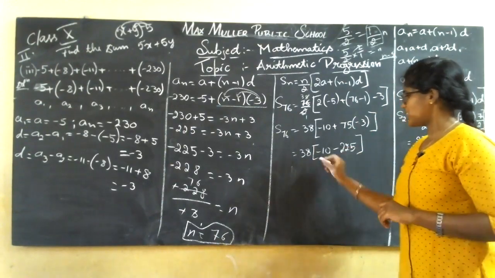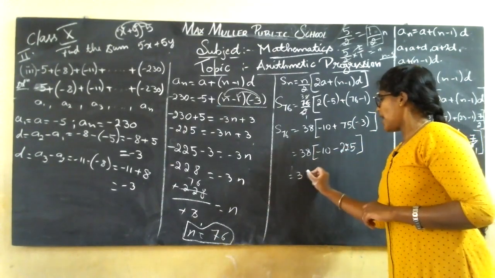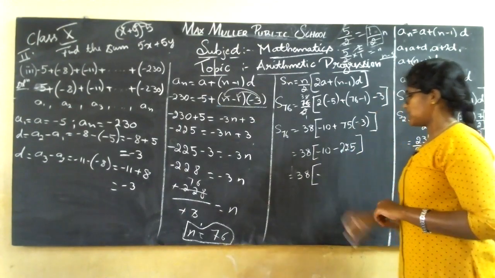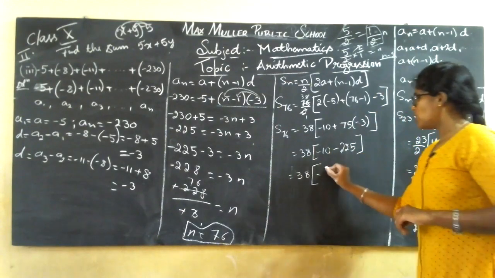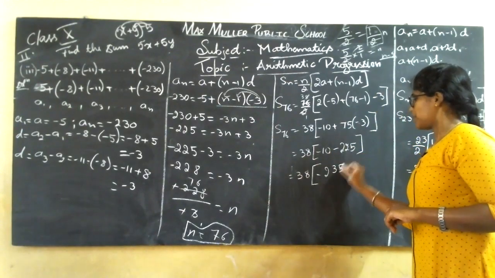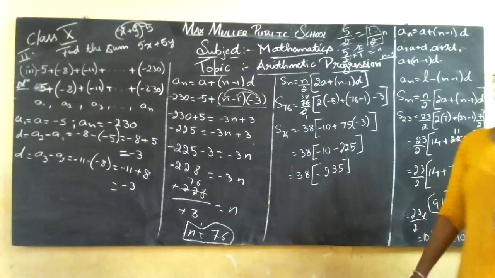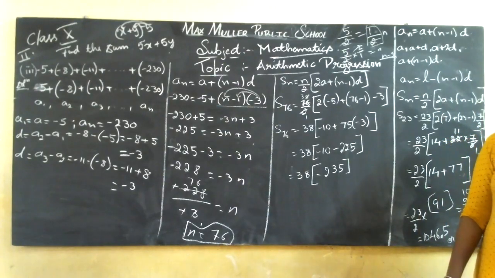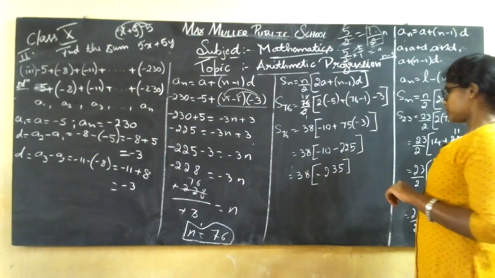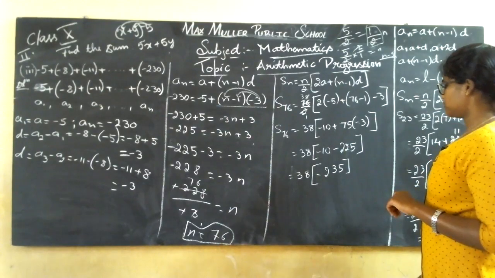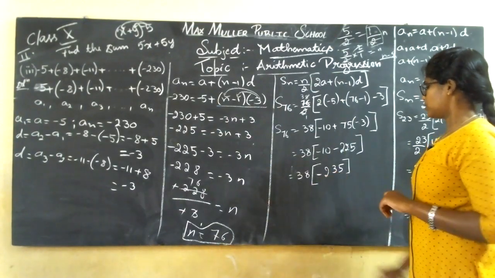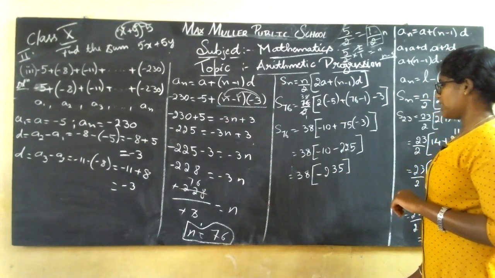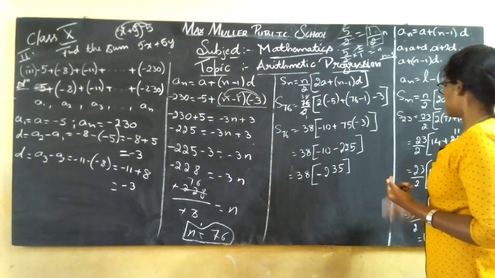Again here plus minus sign you are going to add it and put the minus sign. So let me put the minus sign. 225 plus 10 is 235. So 235 into 38. Correct? 235 into 38 is how much, children?